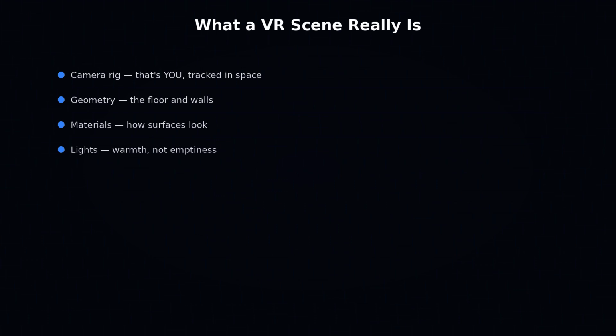Materials, which decide how each surface looks, its color and how it catches light. And lights, to make the room feel warm instead of empty. That is it. A camera, some shapes, some materials, some lights. Every VR app in the world is built from these same few pieces. The big ones just have more of them.